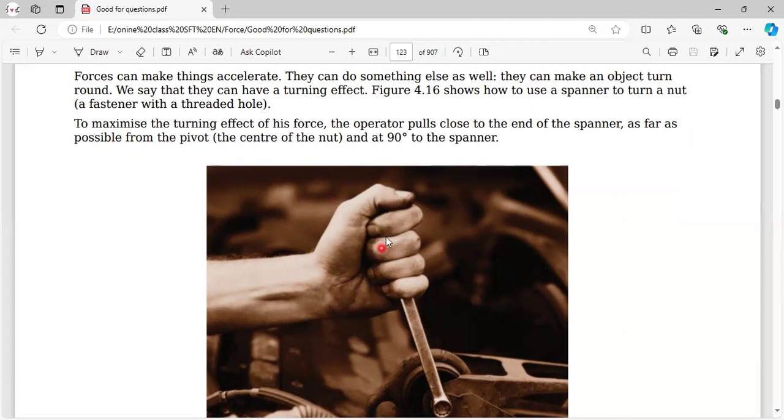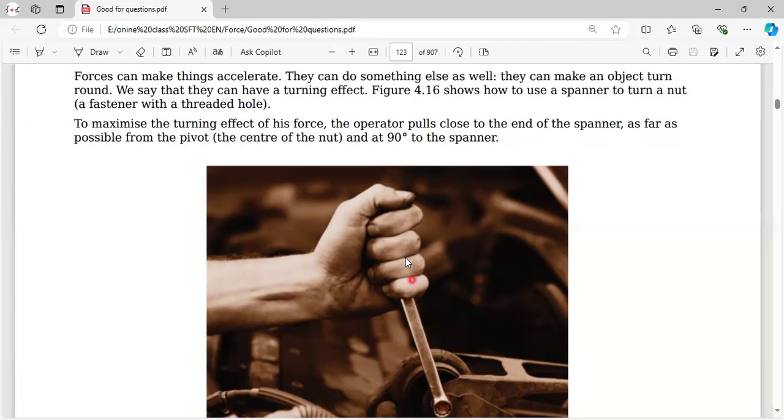The operator or handyman pulls close to the end of the spanner, which means from the center of the nut you have to take the furthest point.